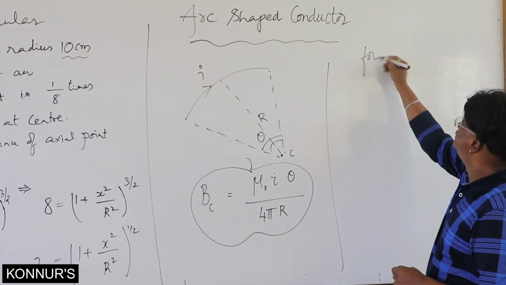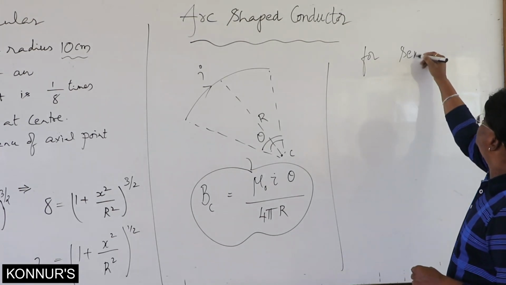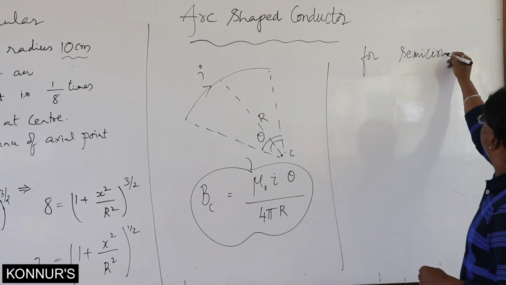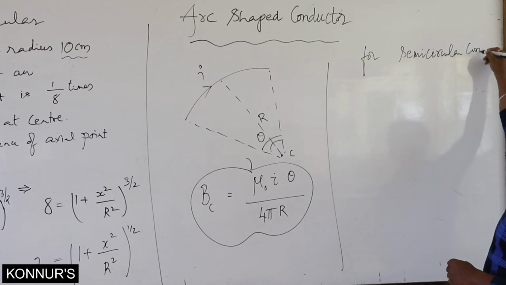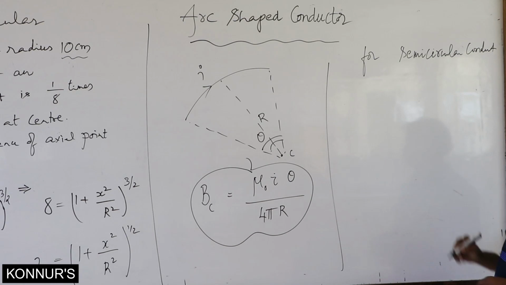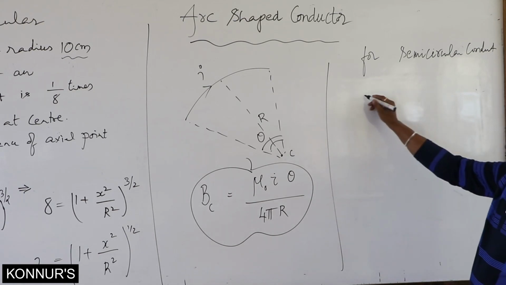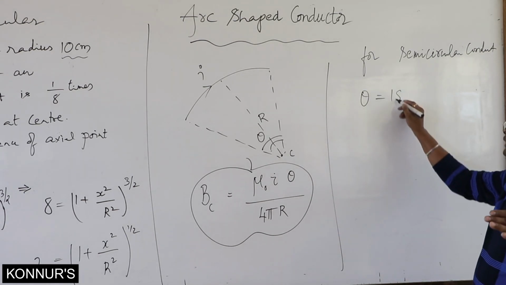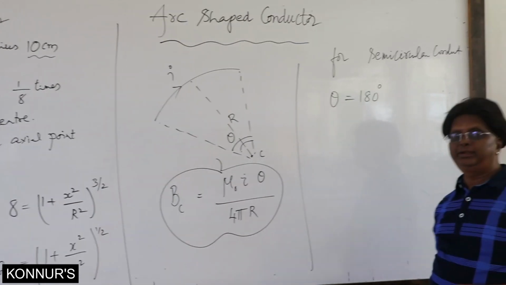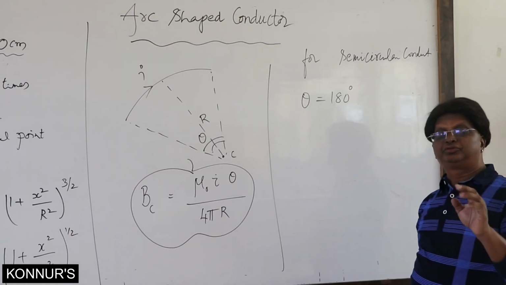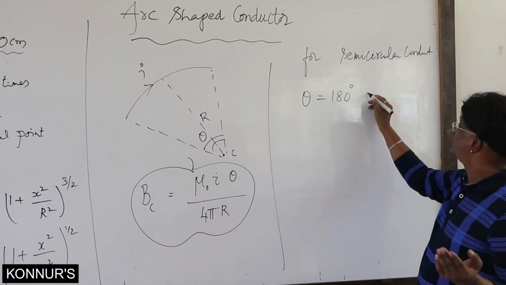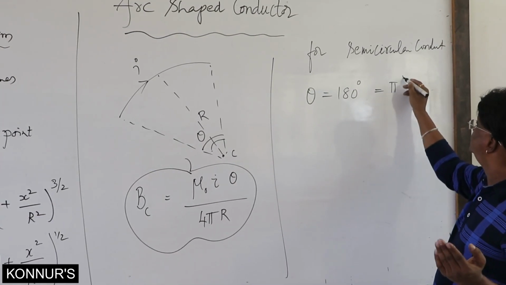Now, to show you one example and to avoid confusion, I am telling you, suppose for a semicircular conductor, semicircle means theta is equal to 180 degrees, right? These numbers should not be used in degrees, therefore we will convert it to pi radians.